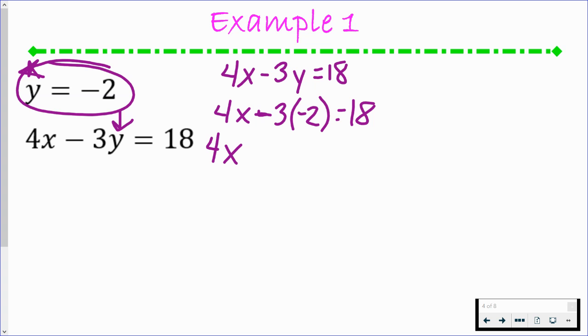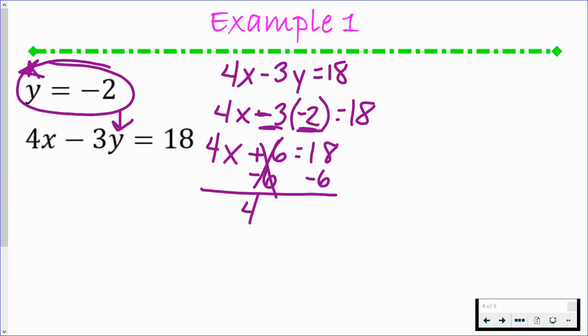Be careful here, it's -3 times -2, so that's +6 equals 18. Now we have a nice 2-step equation, so I'm going to subtract 6. Now I'm left with 4x equals 12. Divide by 4, divide by 4. X equals 3.